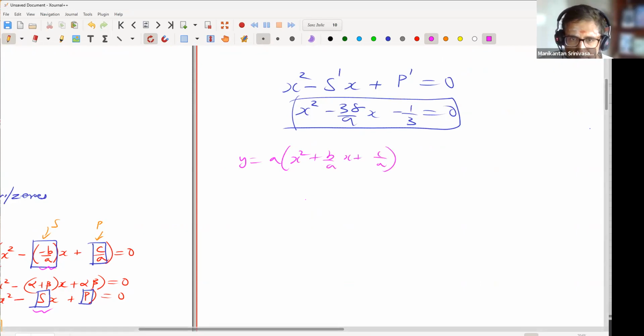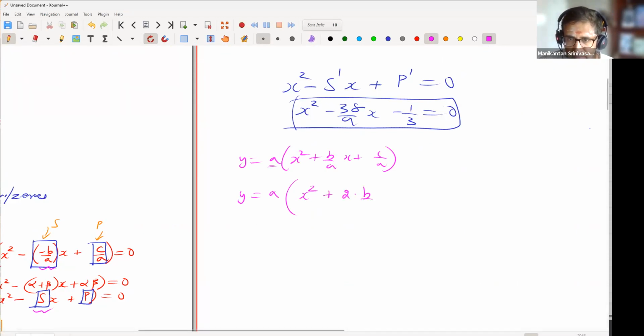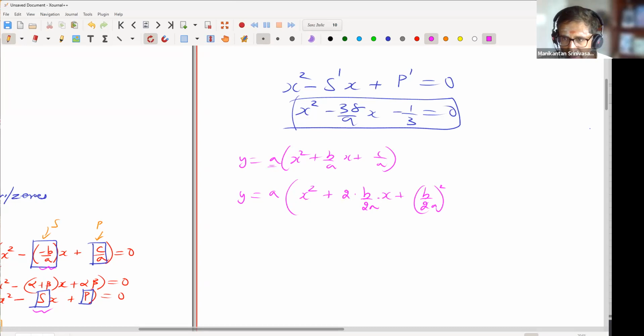Here a matters. I cannot divide by 0 because I'm not trying to solve. This is still an expression, so I have to retain the a. So again, let's quickly complete the square. I'll write 2 times b by 2a times x plus b by 2a the whole square, and then plus c by a, and then I'll subtract the minus b by 2a the whole square on this side itself.